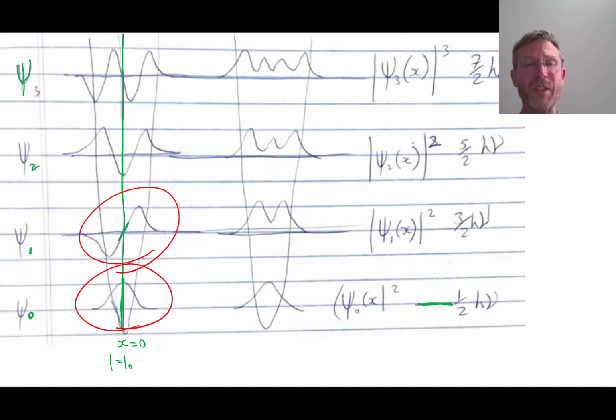So when the square of the wave function is integrated over all space, we also end up with 1, and so therefore we have this normalization constant. That's typical for all wave functions.